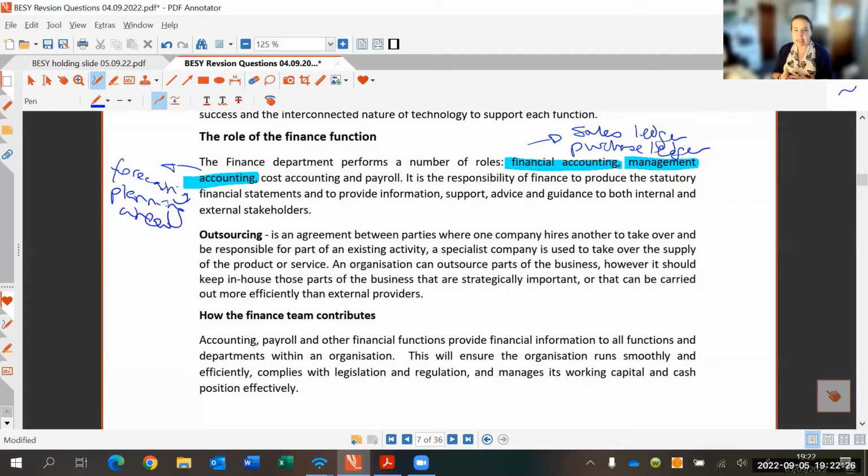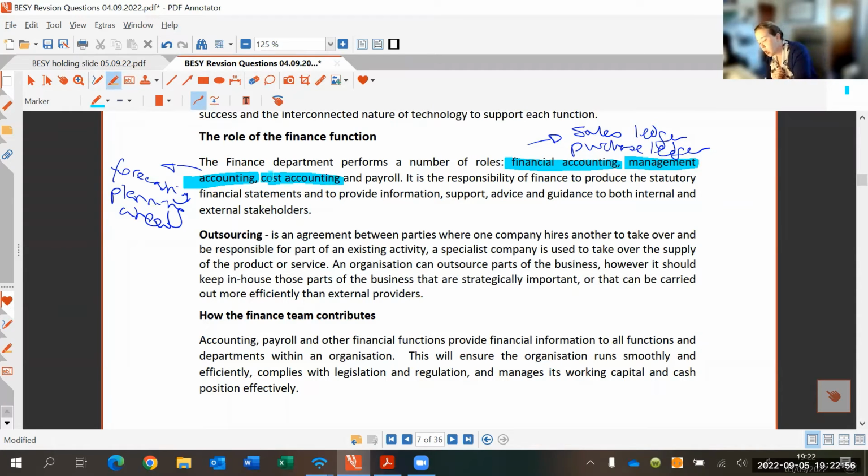So budgets, forecasts, all that sort of thing falls under management accounting. You've then got cost accounting, which isn't necessarily in every business, but is more about production-heavy businesses where you're looking at how much a product is going to cost to produce and sell. It is a bit of an offshoot from management accounting in a way.